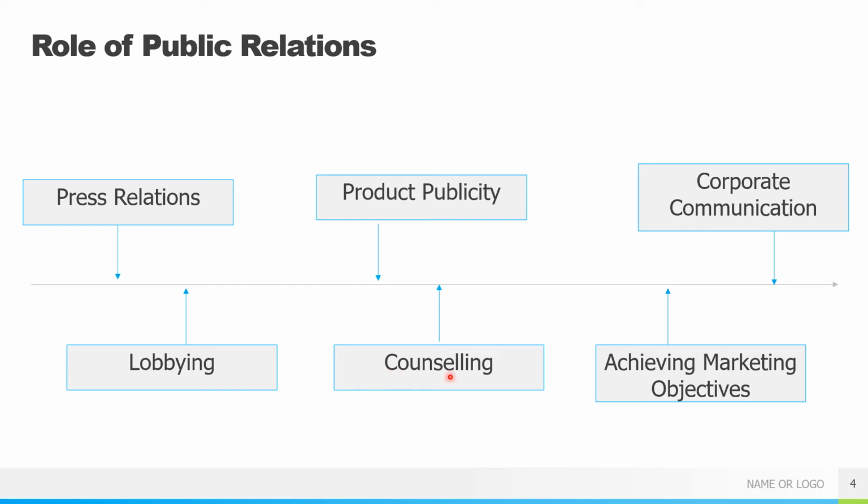Next one is counseling. As the name is so suggestive, this public relationship department always advises the management on general issues that affect public. At what time company should do what things so that it can get this kind of positive public appearance and positive impact on public during a particular period of time.